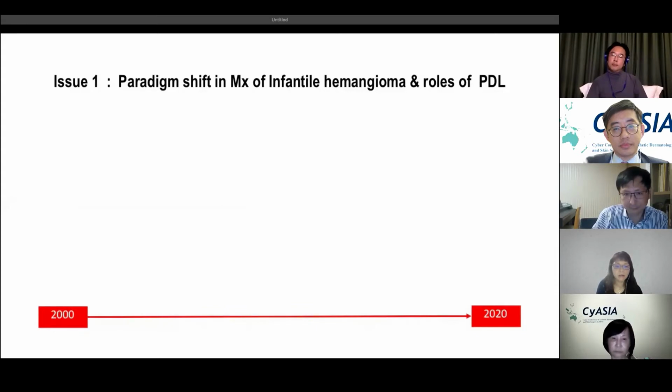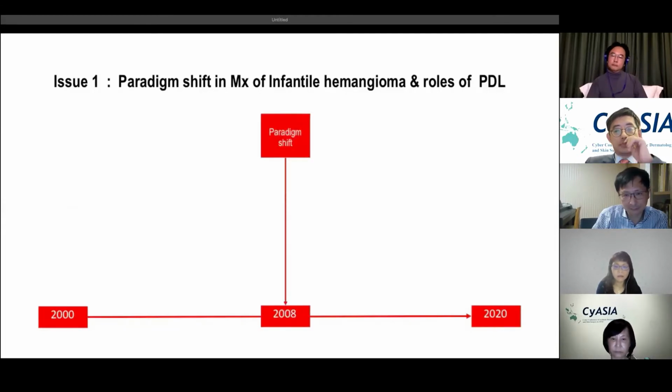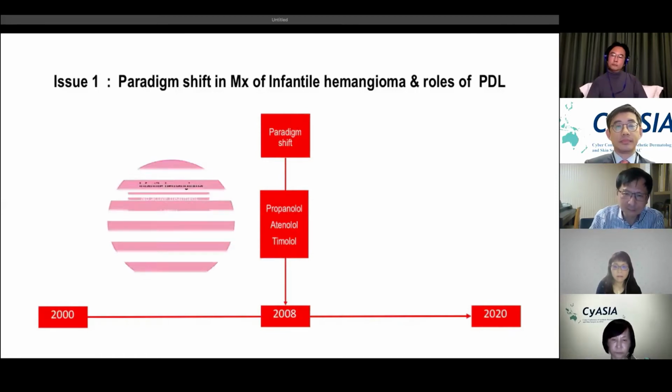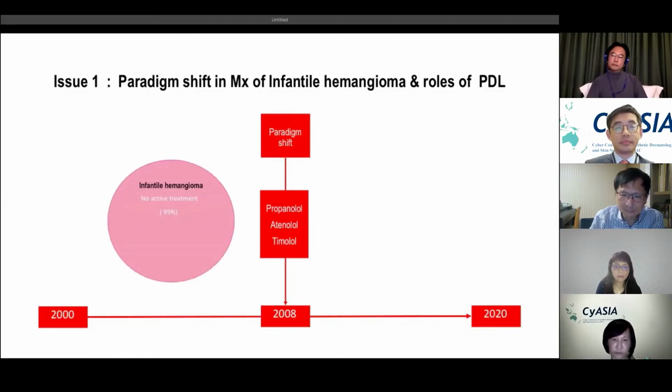I would like to move on to the paradigm shift in management of infantile hemangioma, which happened in the year 2008. In 2008, the beta blockers, both topical and oral, were shown to be effective in management of infantile hemangioma.